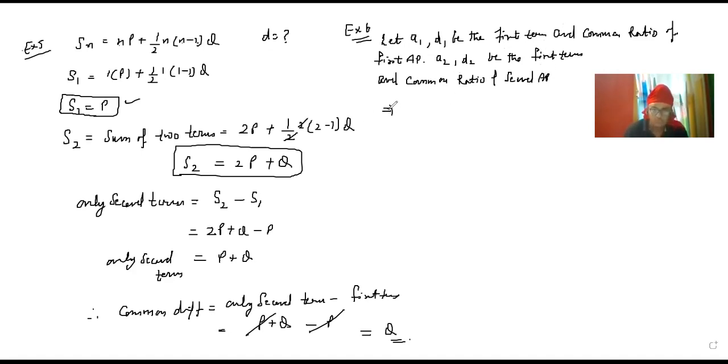So the sum of the first AP upon the sum of the second AP is equal to (3n plus 8) upon (7n plus 15).